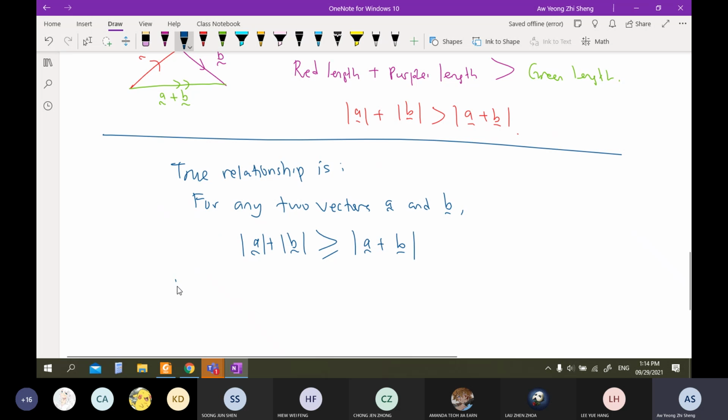And equality holds only when vectors A and B have the same direction.